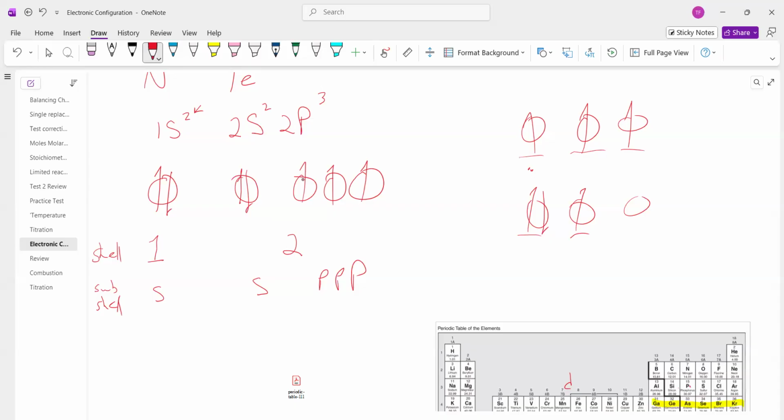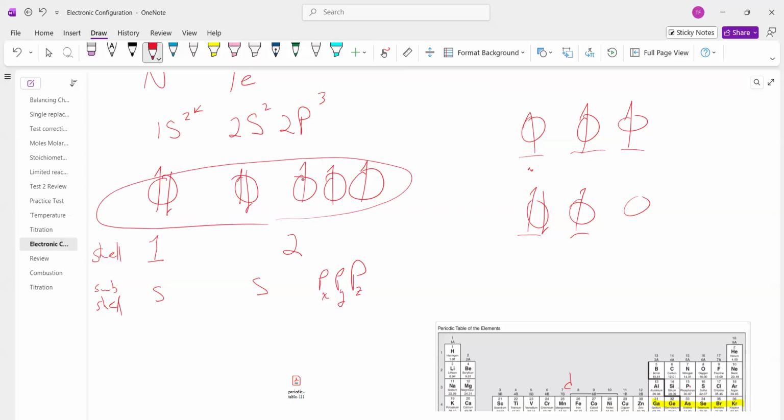each P aligns to an axis. One P aligns along the X, another the Y, another the Z. So you'll sometimes see this referred to like this. Okay, so this is the orbital representation for nitrogen.